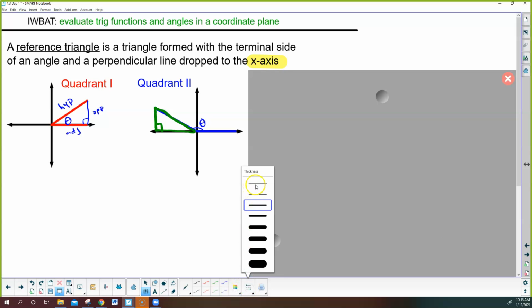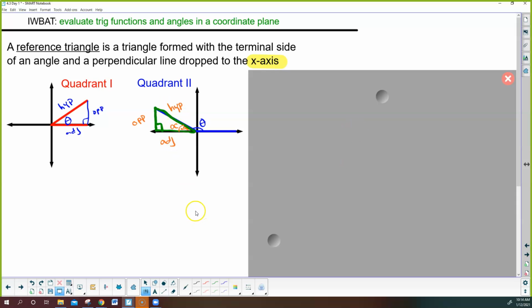Okay, now, why is that important? Because that gives us a new angle. Right? Some people call this theta prime. Some people call it alpha, beta. It doesn't matter. I might use just a different Greek letter. Let's use alpha. But what does that do? That gives me a reference angle right here. We're really focused on this new angle. We needed the original angle to tell us where the terminal side ended, but now we have a new angle, and that gives me the opposite side, the adjacent side, and the hypotenuse.